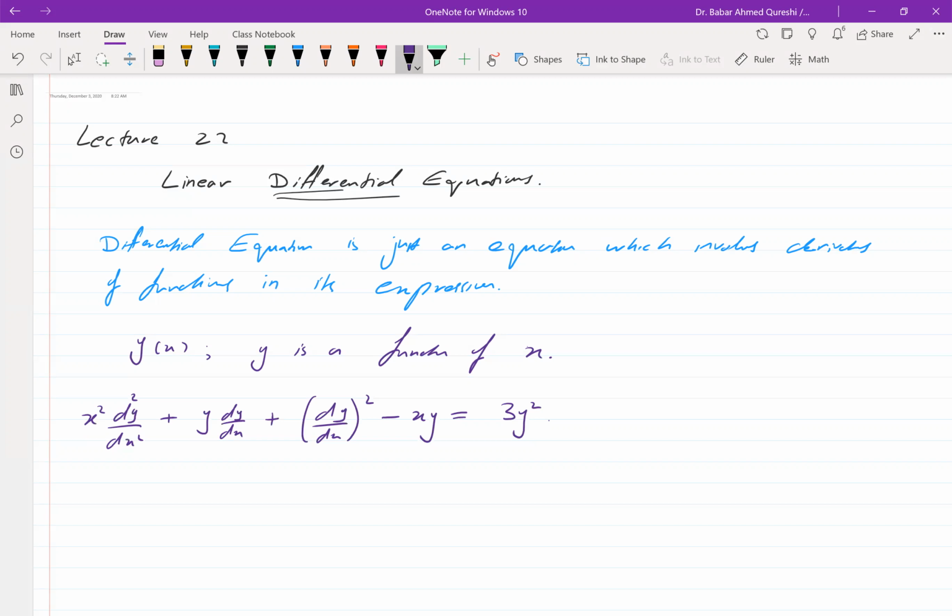So it's just a relation involving your free variable x, your function of this variable, and the derivatives of the function. So this is a differential equation.